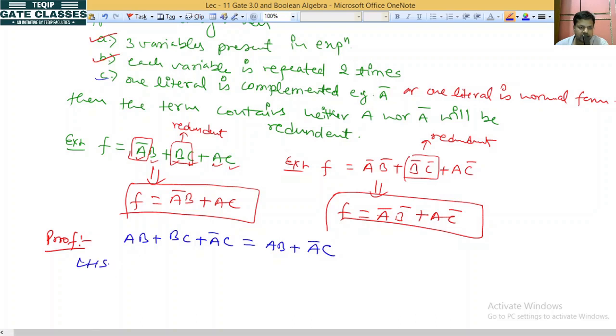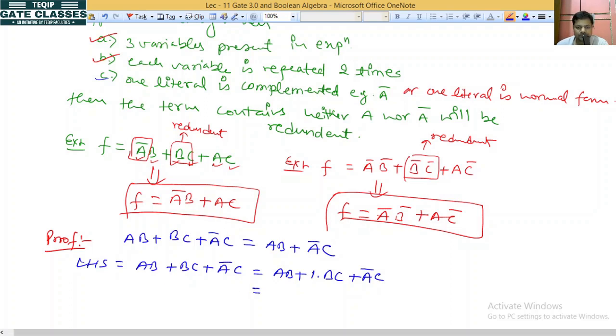So in the left hand side we have AB plus BC plus A bar C. We can write it as AB plus, what is missing here?